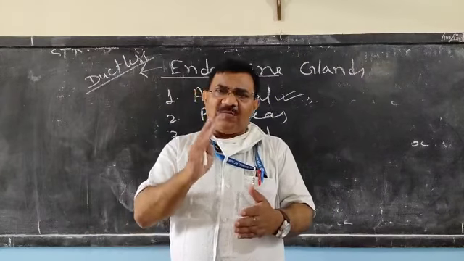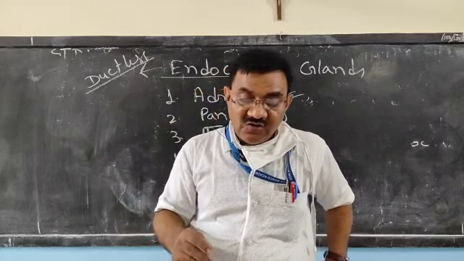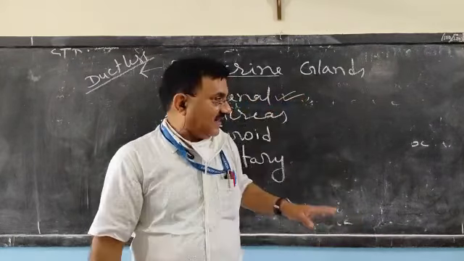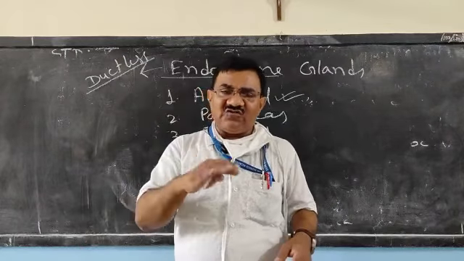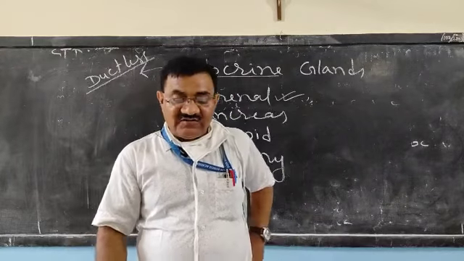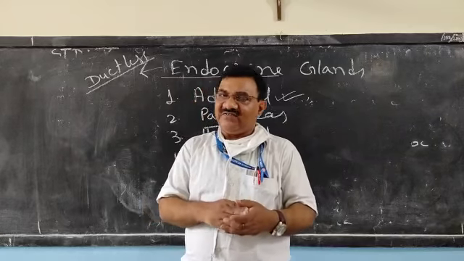Tropic hormone refers to such a hormone which stimulates other endocrine glands. And the hormone secreted by the posterior lobe of the pituitary gland is antidiuretic hormone, ADH or vasopressin.